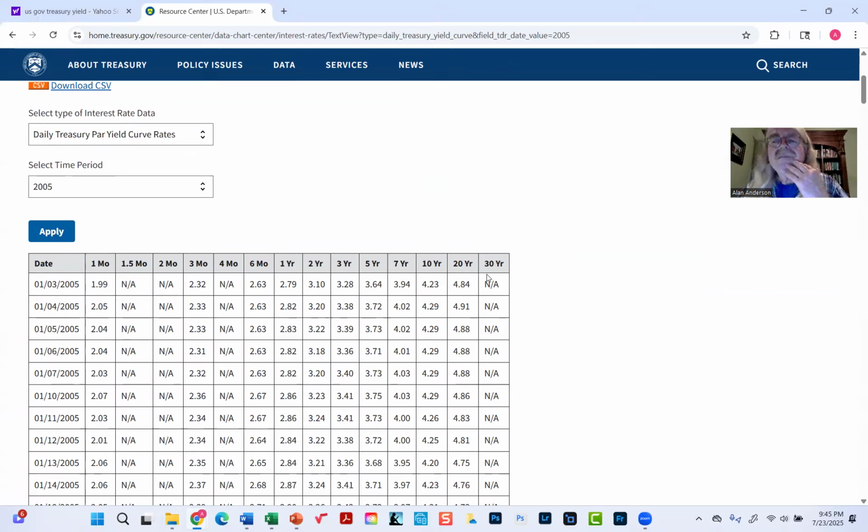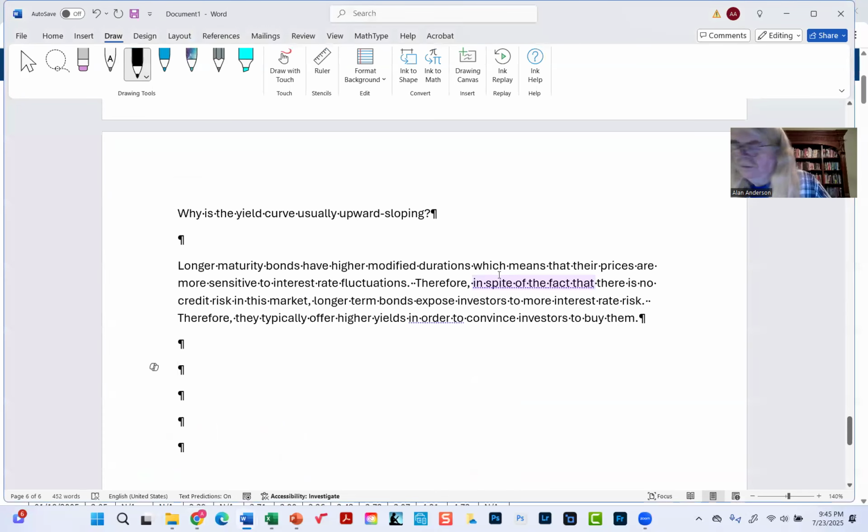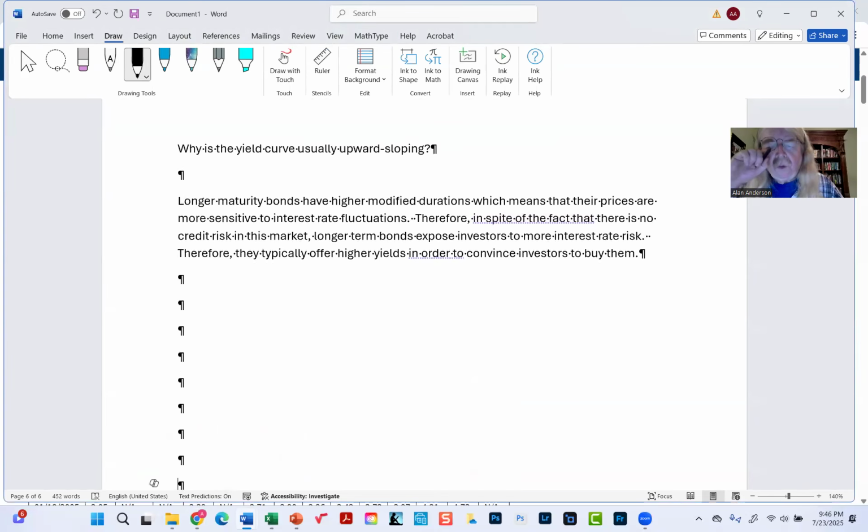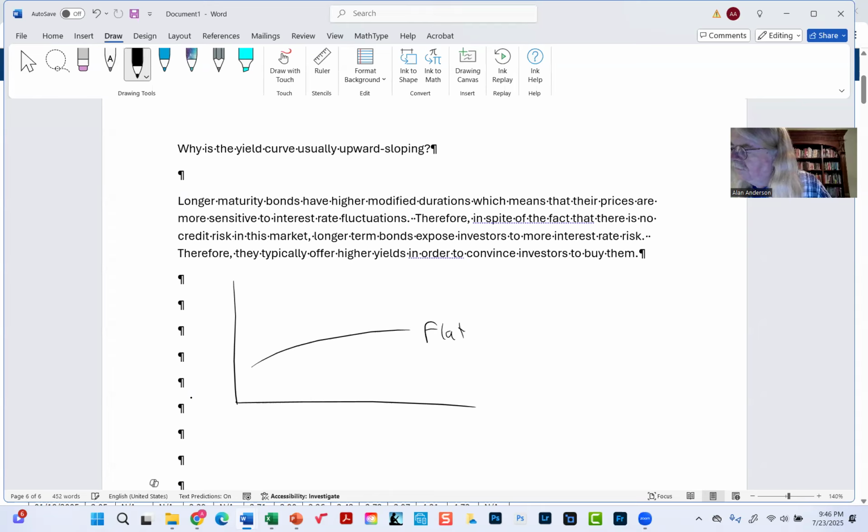It's not just whether it's upward sloping or not, but it can go through streaks where, at the long end, people are more nervous about investing in long-term bonds. That's going to push this relationship up like this, let's say.